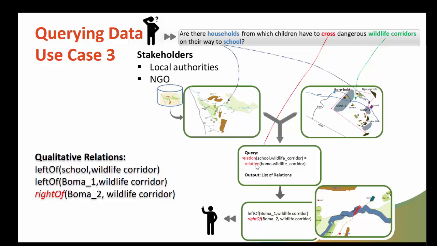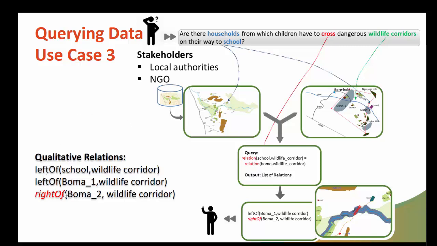In this case, we only use the qualitative data, and we formulate the query of crossing a dangerous wildlife corridor by considering the wildlife corridor provided or indicated in the sketch map, and looking at the relations between the school and this wildlife corridor, as well as the bomas, which are the living places or dwellings against the wildlife corridors.